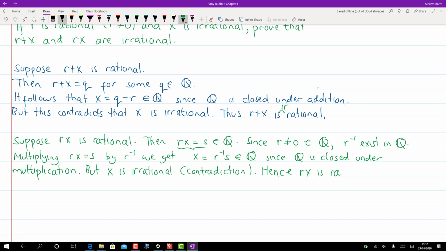I'm sorry, again, I made the same mistake as above. So in the beginning, we are supposing that rx is rational, but then using that assumption, we get a contradiction. Therefore, the original assumption must be wrong, which means that rx has to be an irrational number.